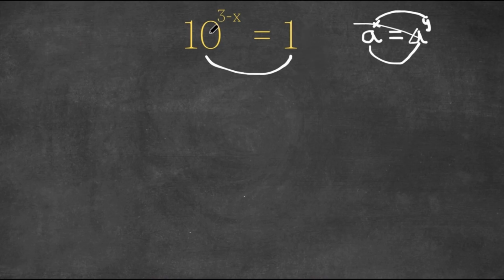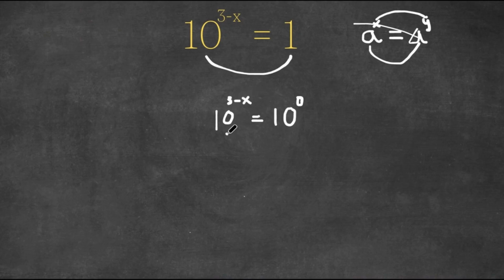Well, 10 to the power of what equals 1? 0, right? Because anything to the power of 0 equals 1. So we should change 1 to 10 to the power of 0. And this still equals 10 to the power of 3 minus x.